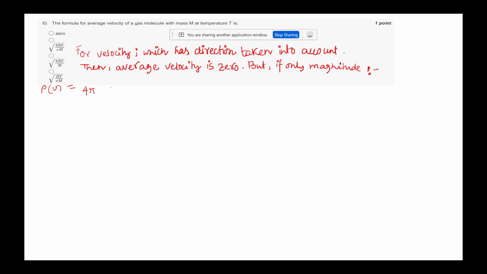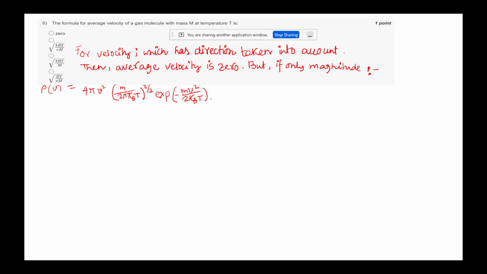It is 4 pi v square, there is a constant m by pi k_B T to the power 3 by 2, and there is a Gaussian kind of term with exp of minus m v square by 2 k_B T. Now this is rho(v).